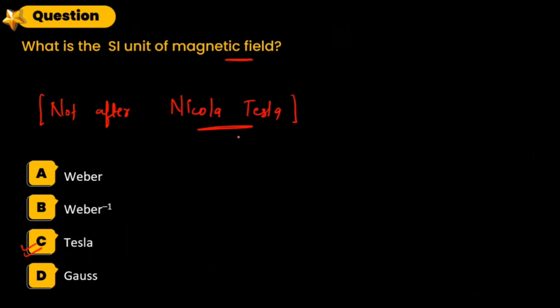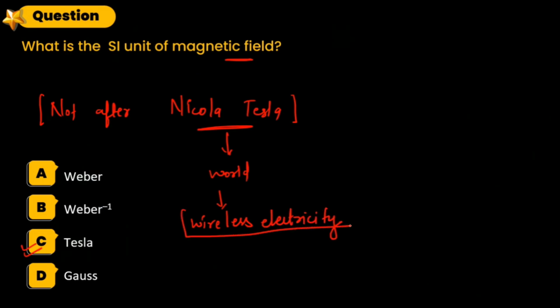You know one thing that Nikola Tesla had in his mind, like what he actually wanted to give this world. He wanted to give this world wireless electricity. This was his vision.